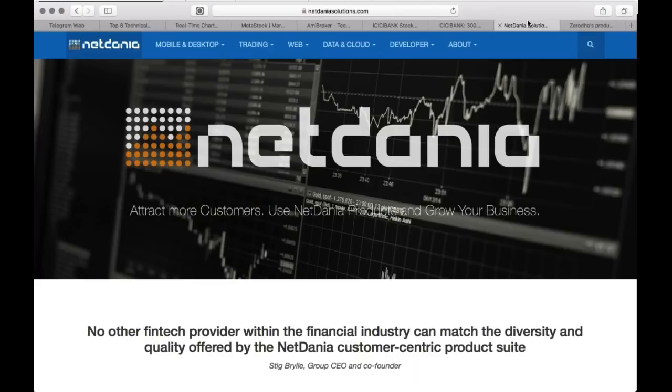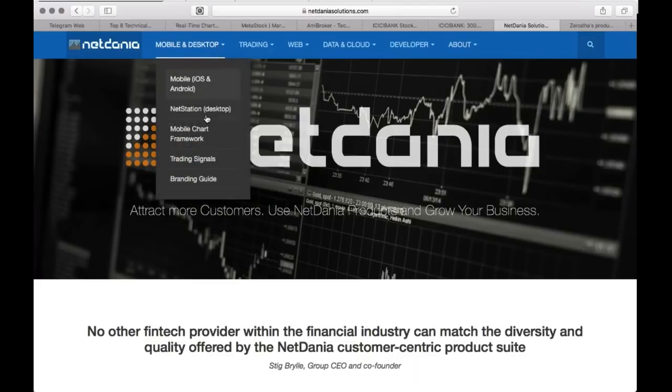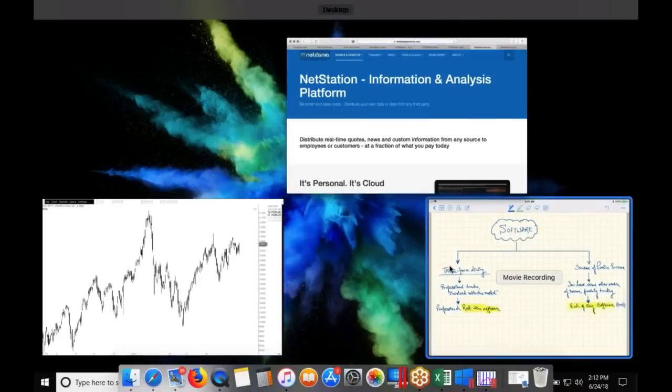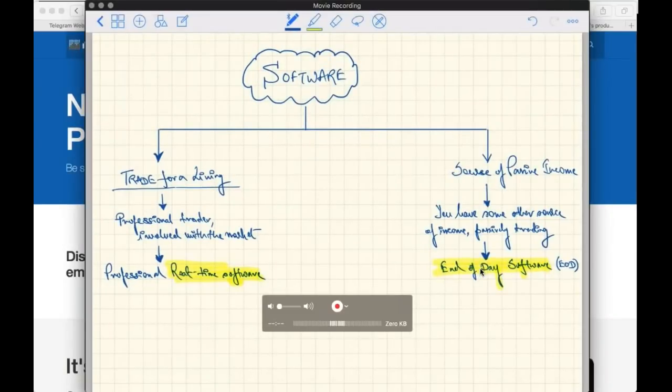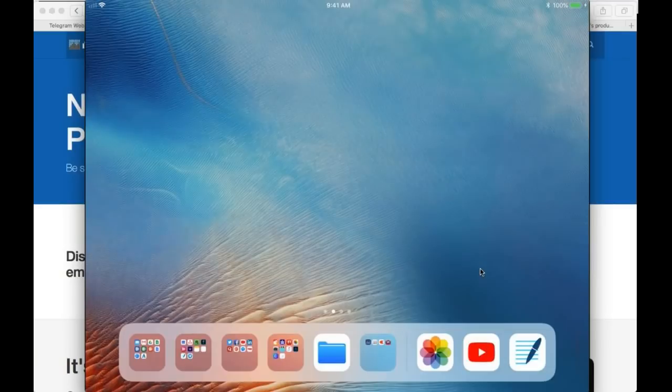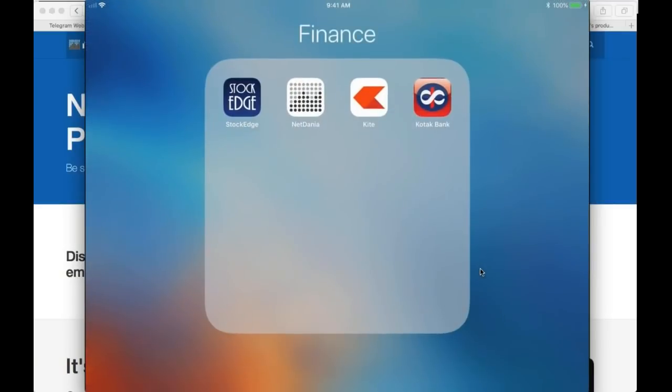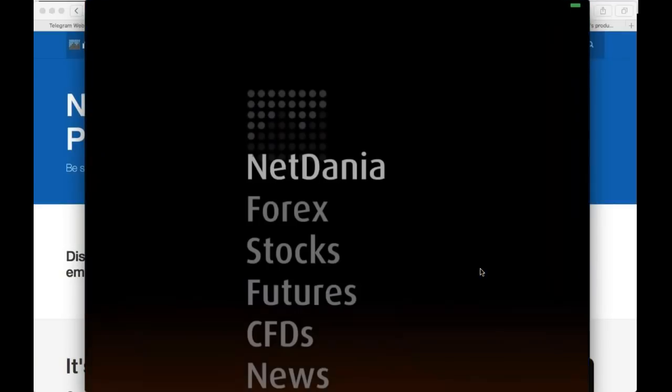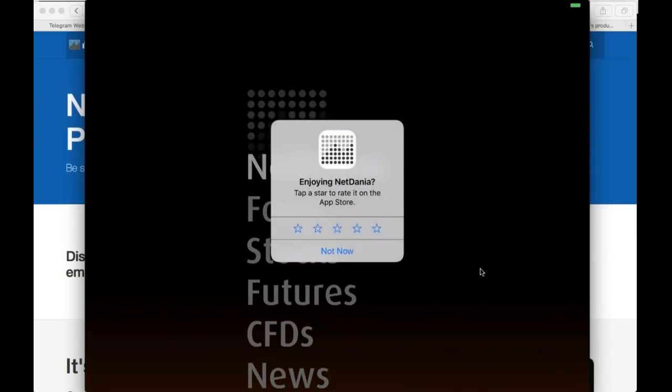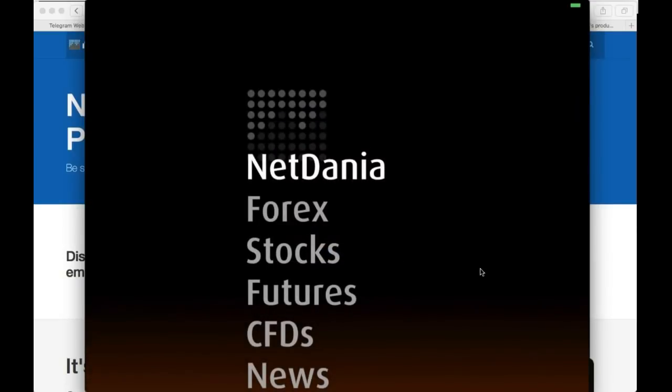On a tab or a phone, NetDania is the best option, so you can check them. There is also the NetStation desktop version. I can also show you on my iPad over here. If you come here, you will find NetDania. This is their charting platform.